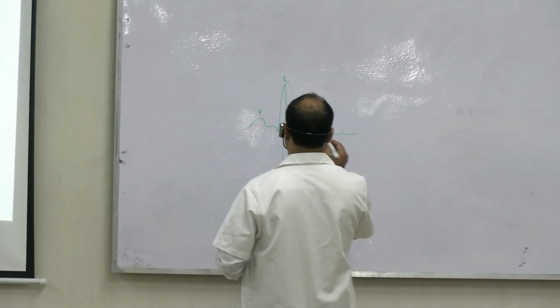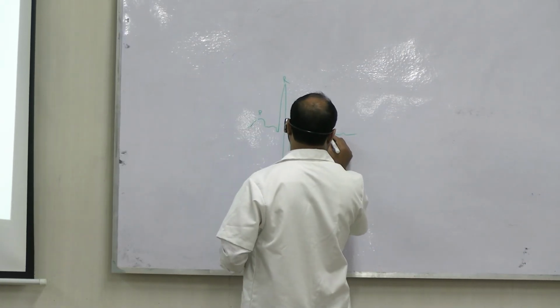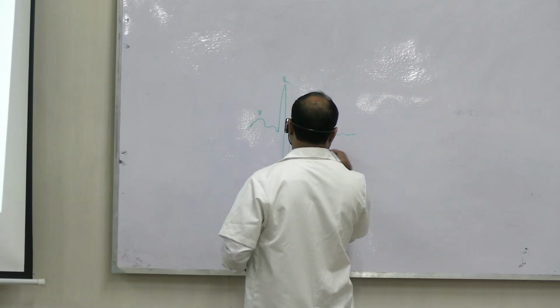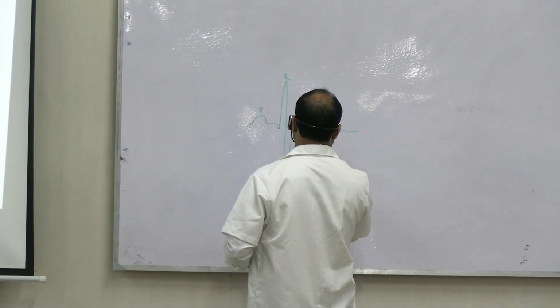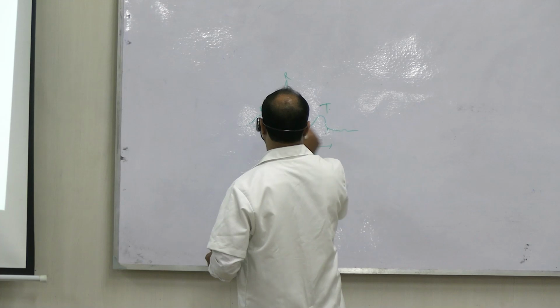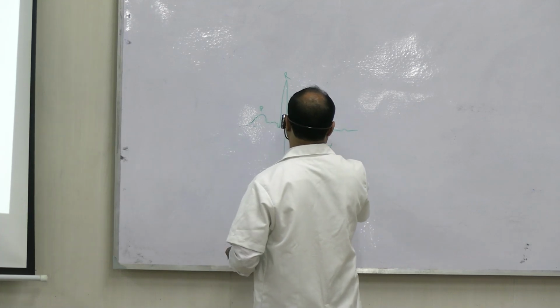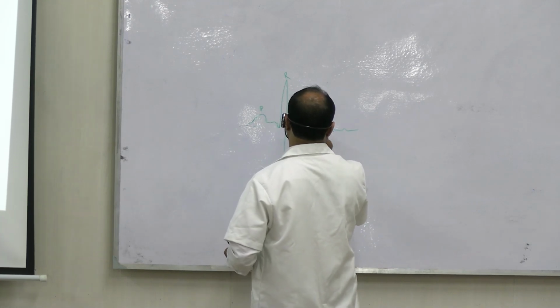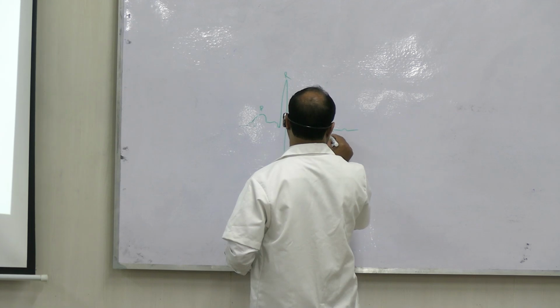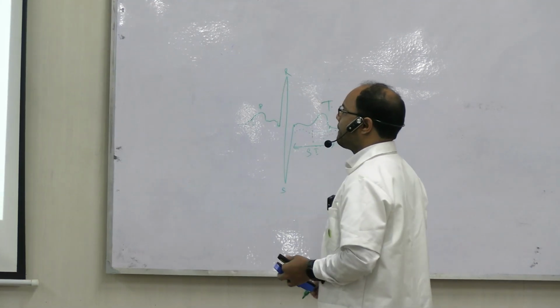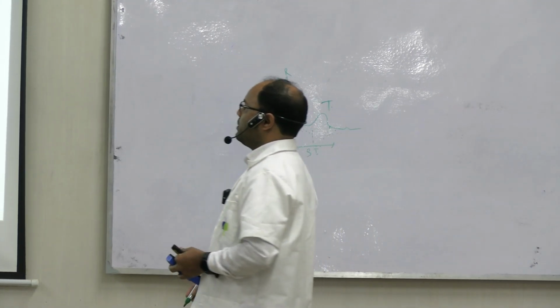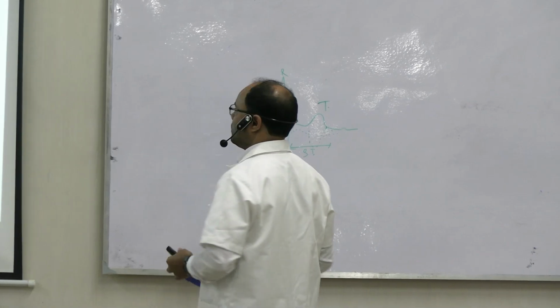This is called the ST segment. It becomes lower, it goes downside. This is the baseline. Okay. With AV block, atrioventricular block.